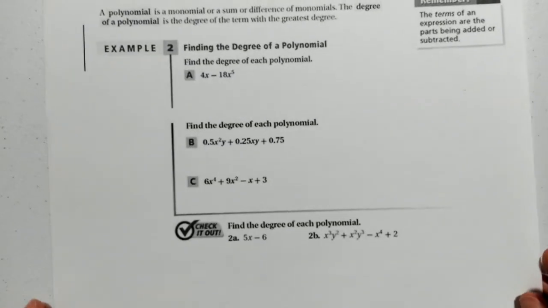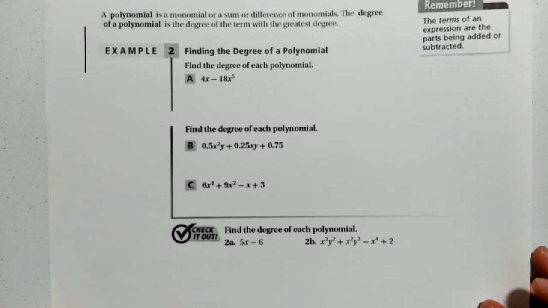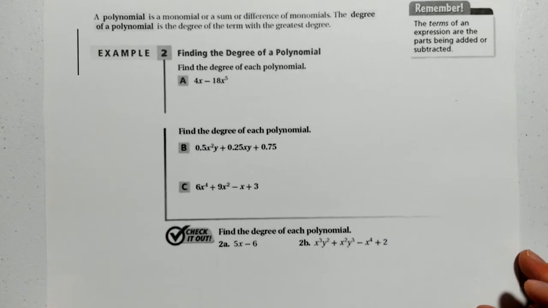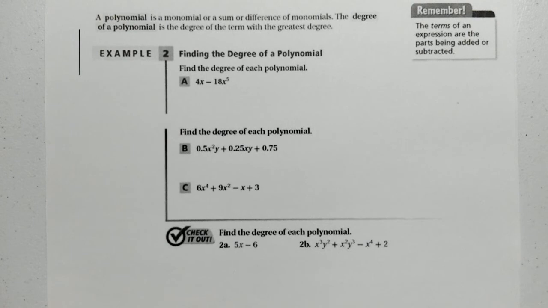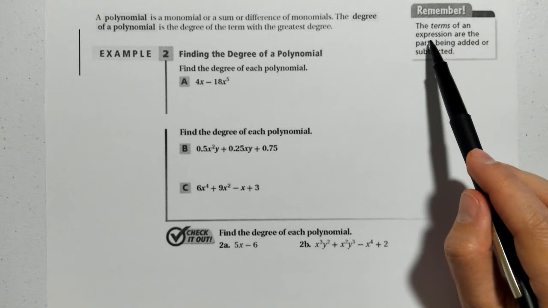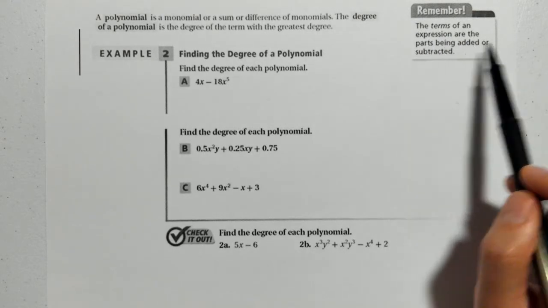So now we're going to continue on and look at polynomials. A polynomial is a monomial or a sum or difference of monomials. The degree of a polynomial is the degree of the term with the greatest degree. Remember, the terms of an expression are the parts being added or subtracted.